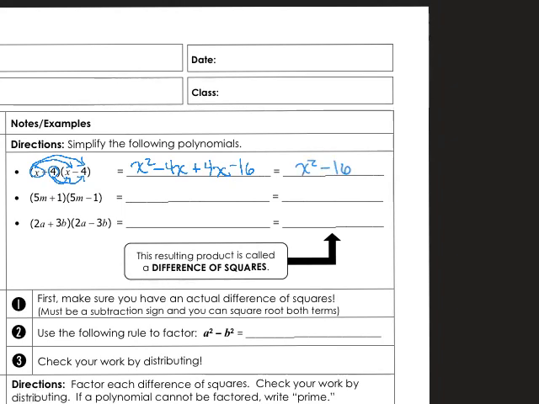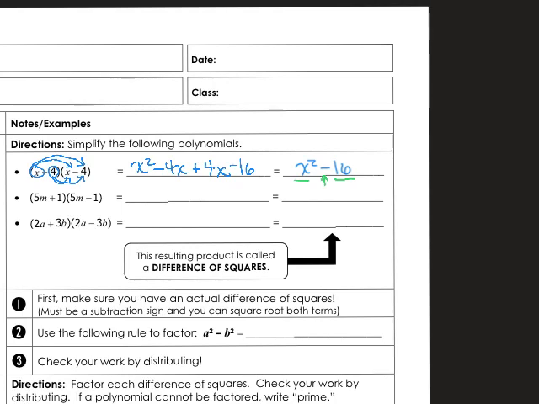Well, notice that both of these terms, the x squared and 16, are both perfect squares. So what is this minus sign doing in the middle? That is where you have the difference. Difference means subtraction. So we have the difference of squares.